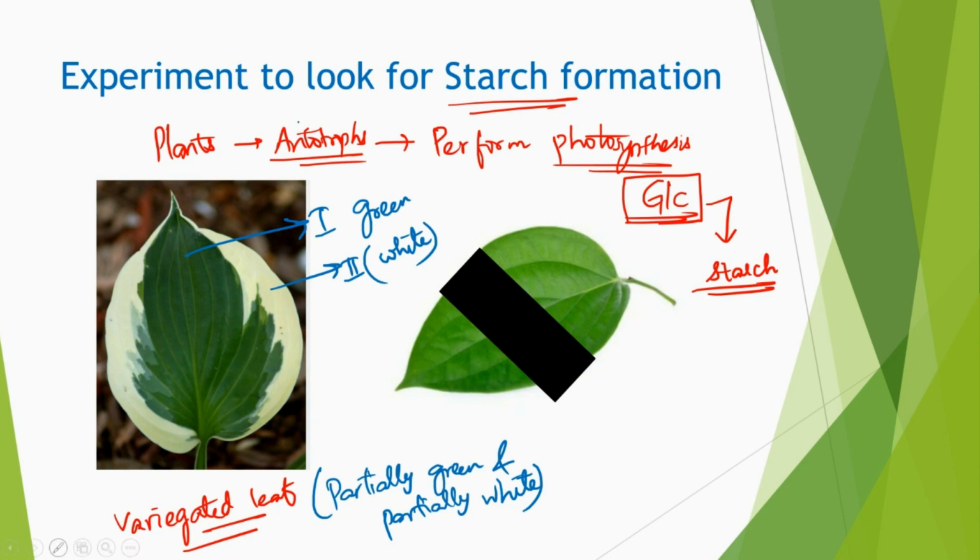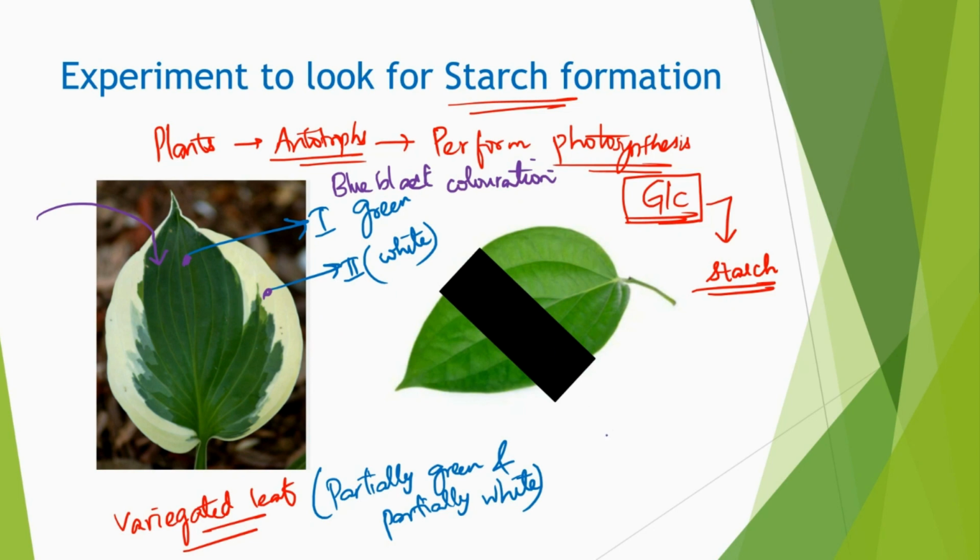To test whether starch formation is seen in both these regions, a drop of iodine is added in both. This region showed blue-black coloration. Why is this observed?